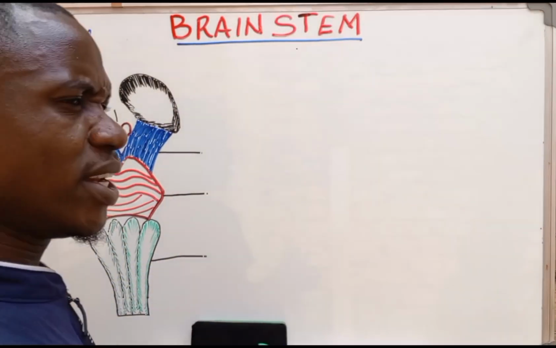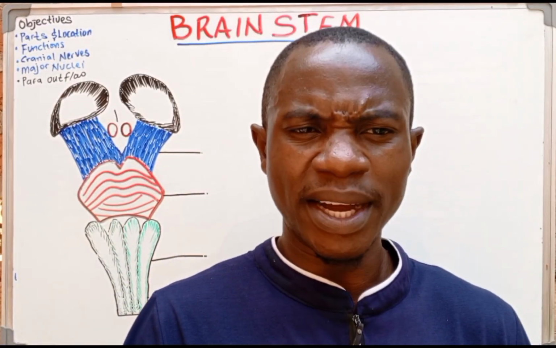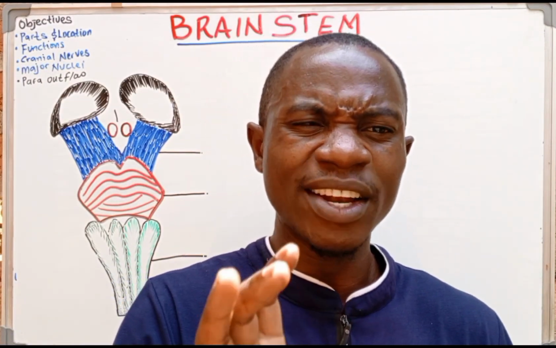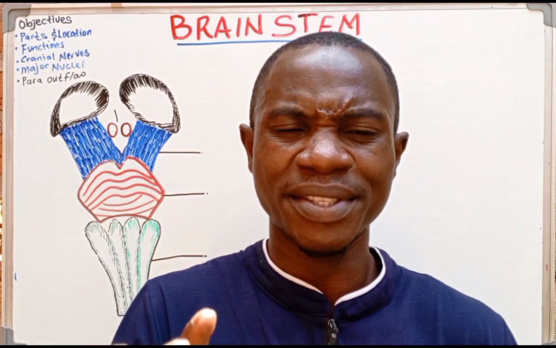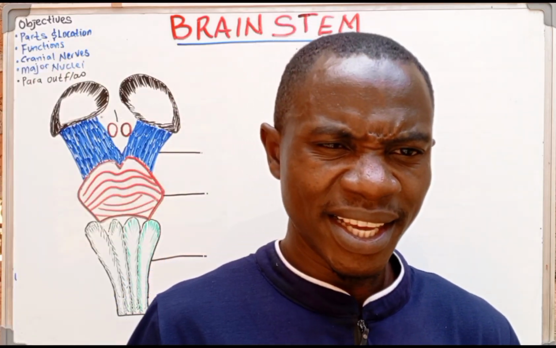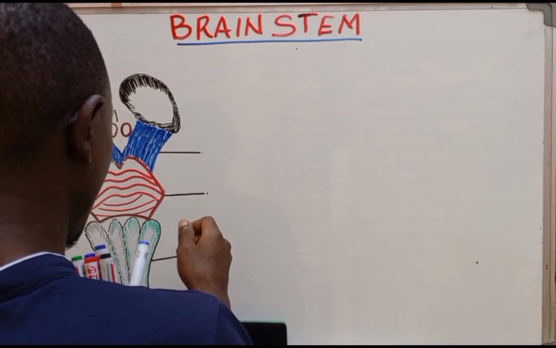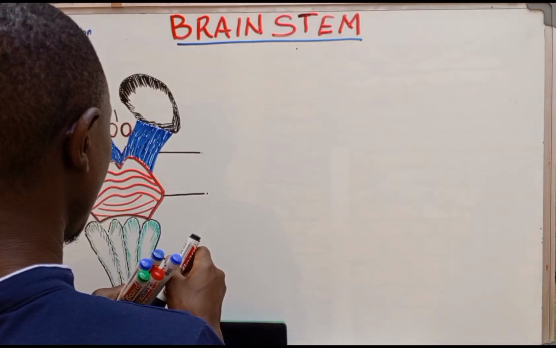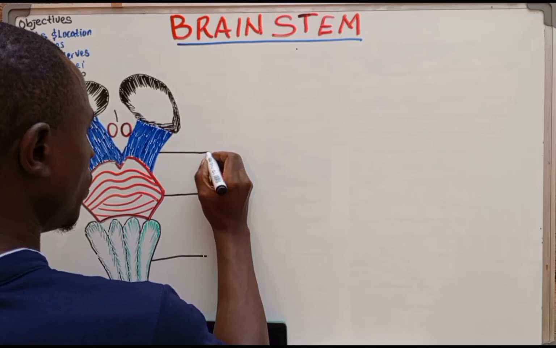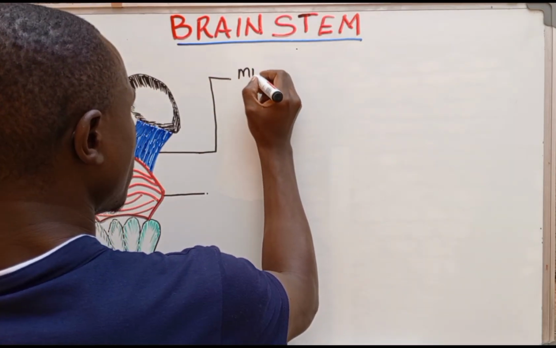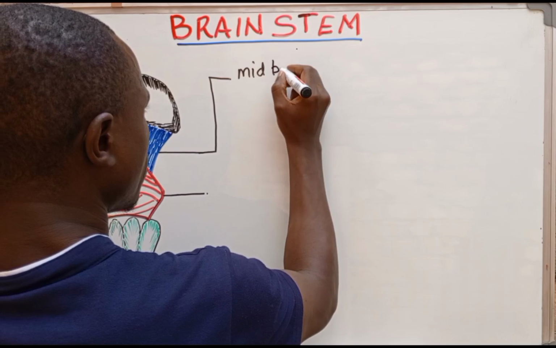So now we need to look at a specific part of the brainstem, and see the nuclei and also the cranial nerves that exit from that part. We are going to start with this part of the brainstem, which we call the midbrain.